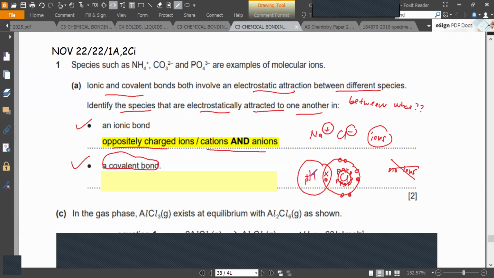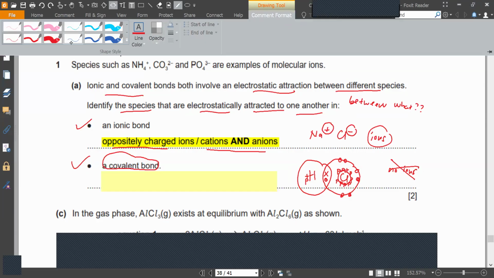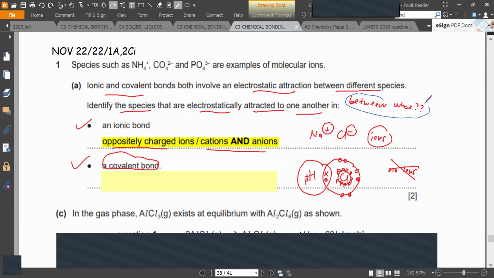This is the attraction between the positive nucleus and the electrons. We go into a lot of detail: the attraction between what? We need to be clear about that. So for a covalent bond, it is the attraction between the positive nucleus and the electrons. This one is also between the positive nucleus and the electrons. So in both cases, it's attraction between positive and negative.